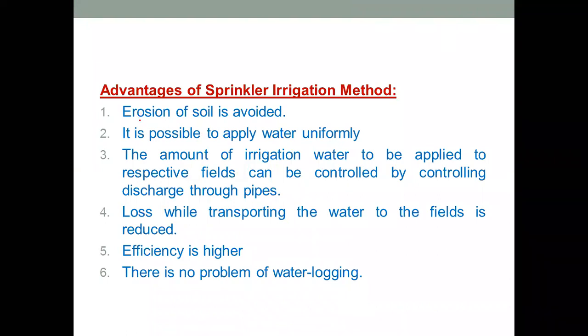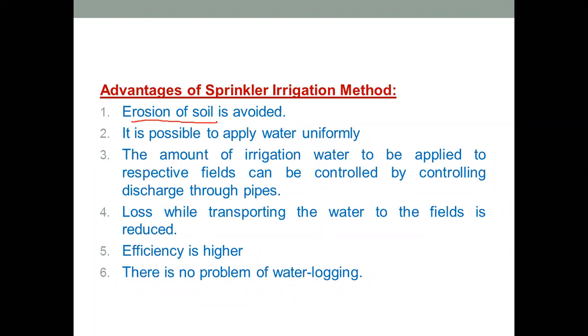Okay, now in sprinkler irrigation system, erosion of the soil is avoided. So how is the erosion avoided? If you see the flooding methods, whether it be basin flooding, check flooding, free flooding or border flooding, what happens is we provide water to the agricultural field, and that water floods the entire agricultural field.